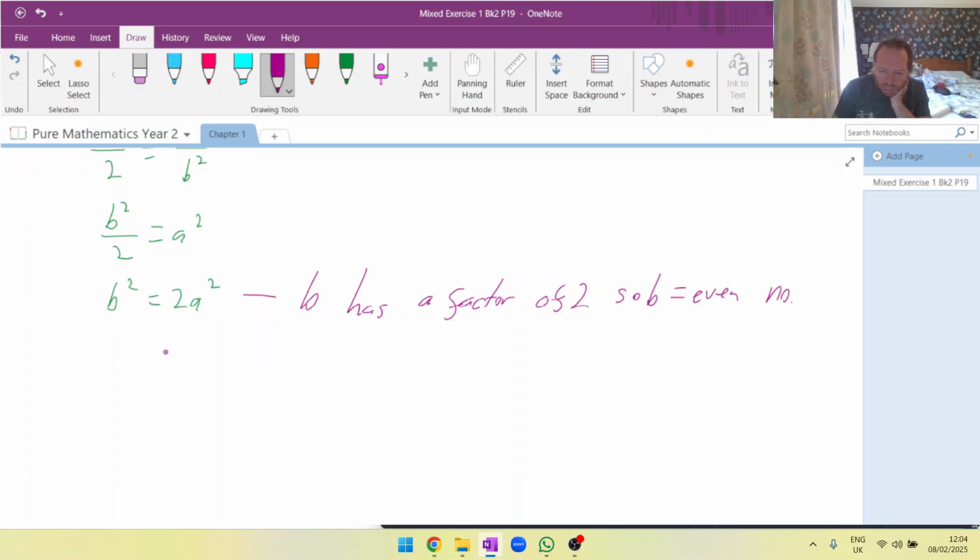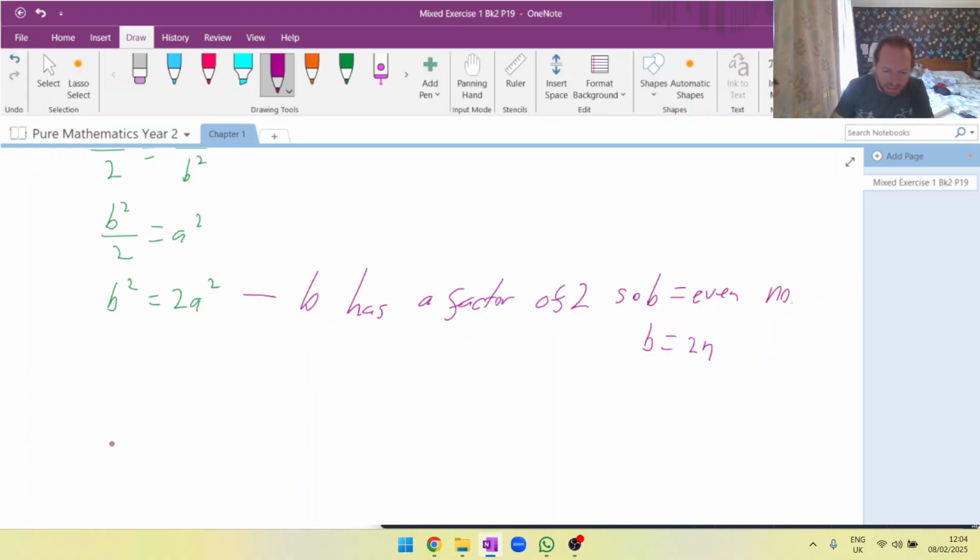If b is an even number, I can say that b is equal to 2n, going back to that GCSE notation that you can write an even number as 2 times any other number.